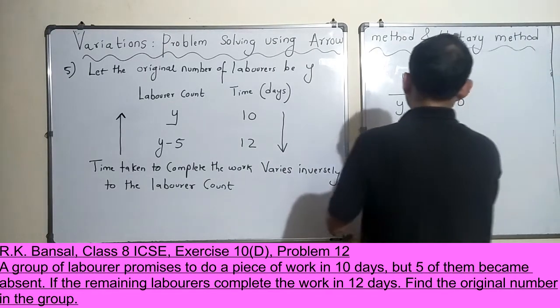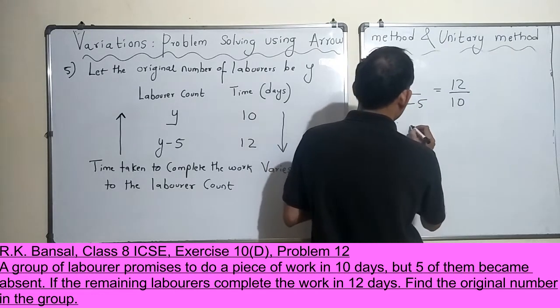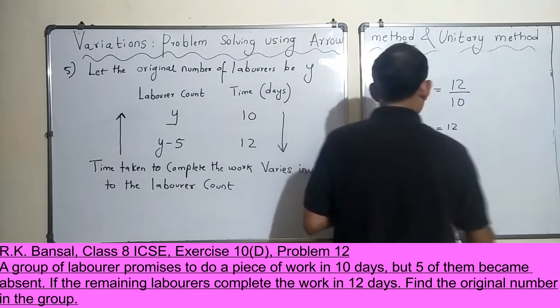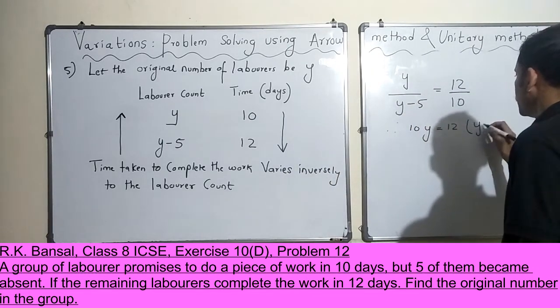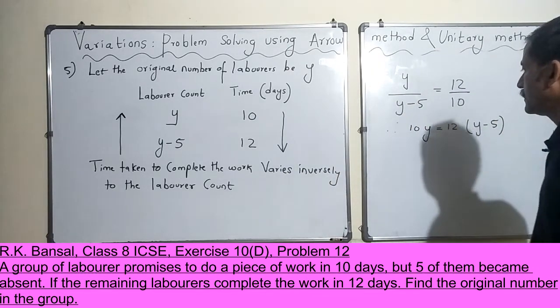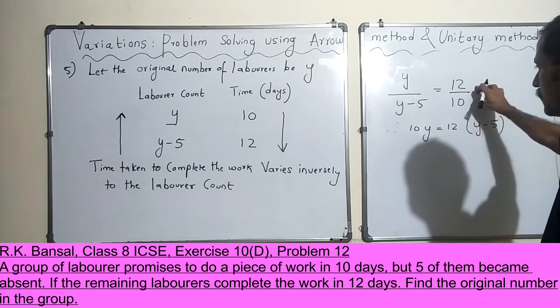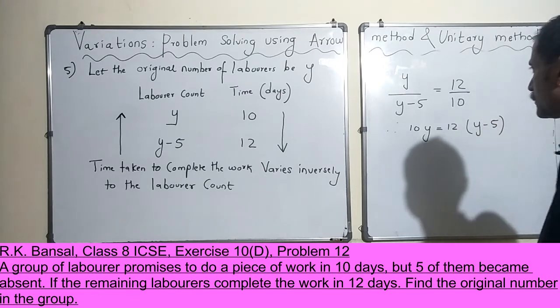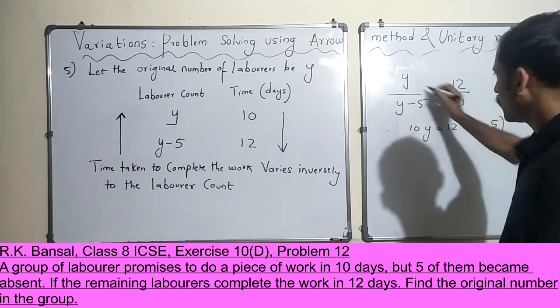Okay, so therefore 10y is equal to 12 times y minus 5. Can I say this? Correct, no? I hope from here you understood this step, right? So I brought this here and I brought this here.